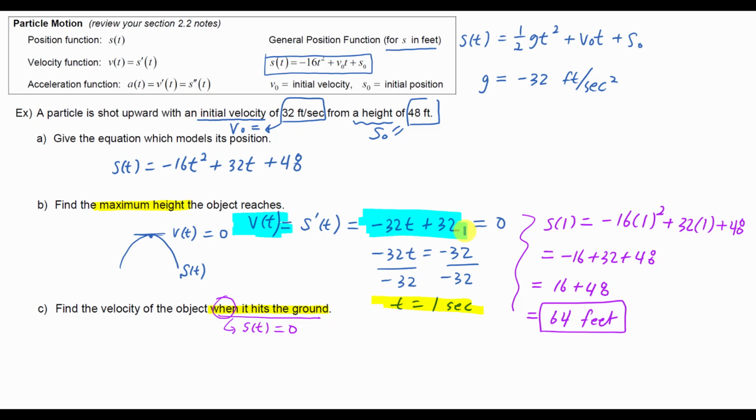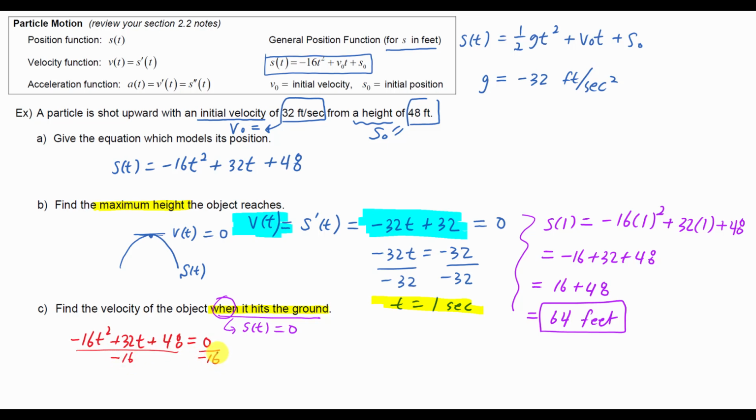So let's first find out when it hits the ground. I have negative 16t squared plus 32t plus 48 equals 0. I can see that these are all multiples of 16. So I'm going to divide both sides by negative 16 to make my coefficients simpler.